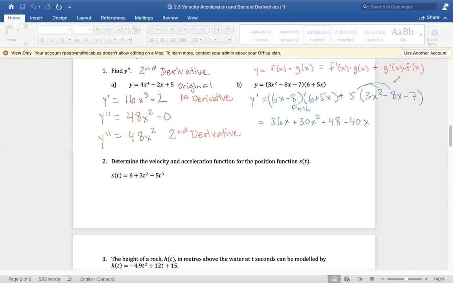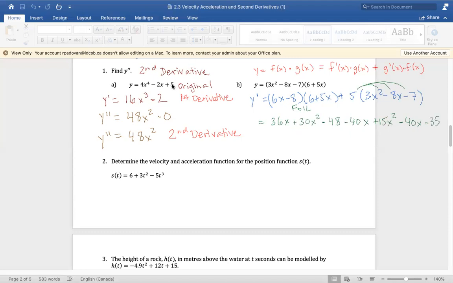And then again, distributive property on this side. So I have a bunch of like terms here that I can now, hopefully I can fit everything in here. So I have 36x plus 30x squared minus 48 minus 40x plus 15x squared minus 40x minus 35. Good, I can fit it all in.